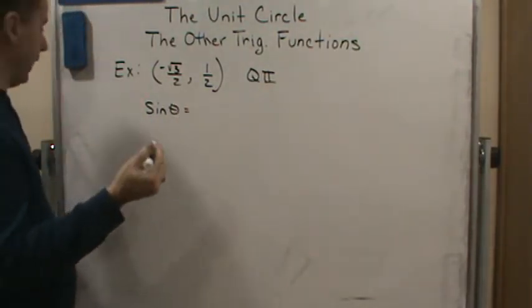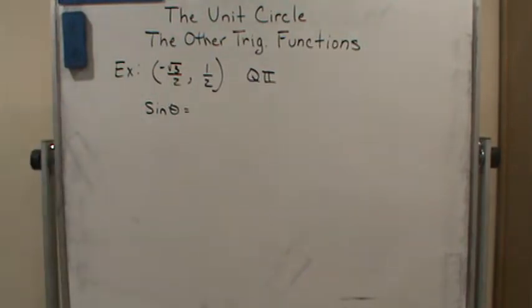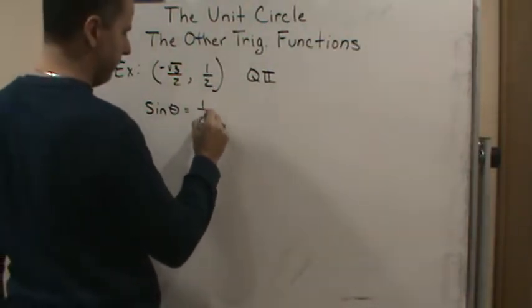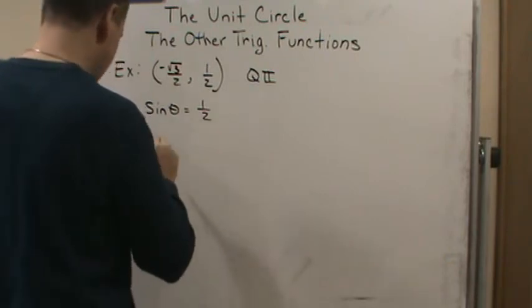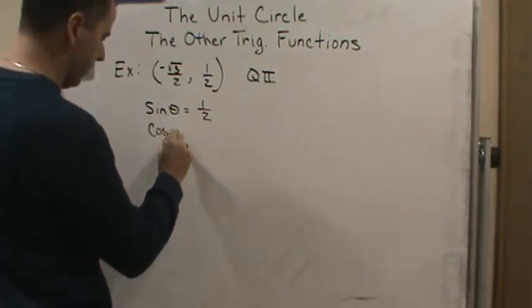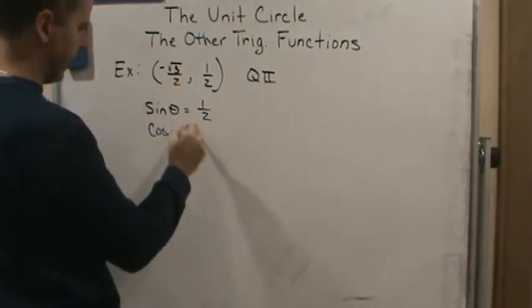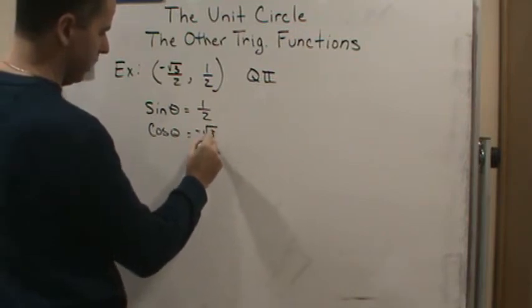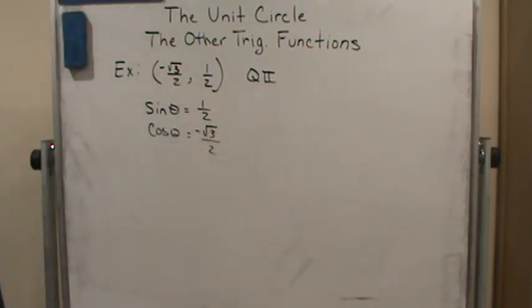Sine is equal to y. So sine is equal to 1/2. And then cosine is equal to x. Well, in this case, x is negative square root of 3 over 2. That's it. So now let's do the others.